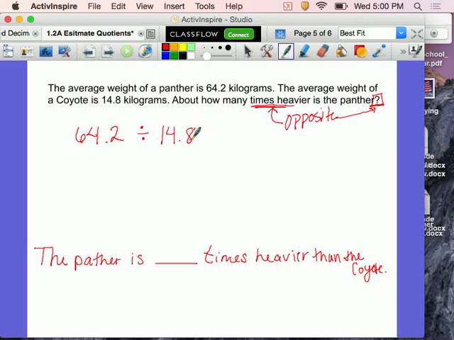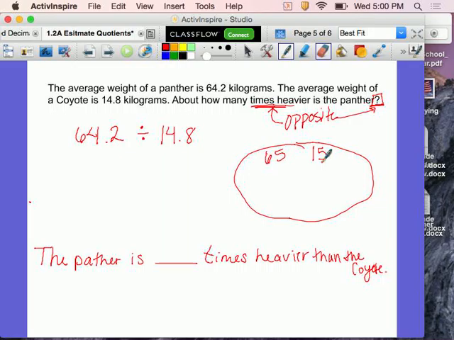Well, 64.2 and then 14.8. I noticed that they're both kind of close to a 5, so I might start thinking about my 5s. So I might think, in my head, what can I do with 65? Oh, 65, because I'm thinking about 5s now, and 15.